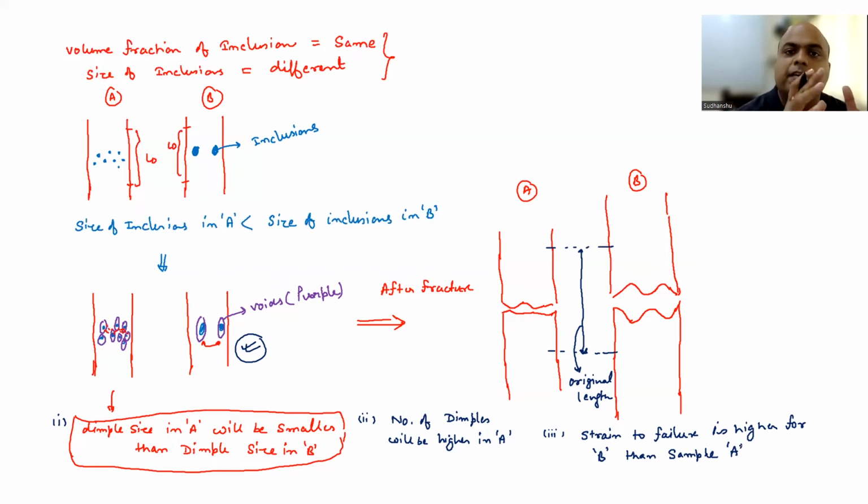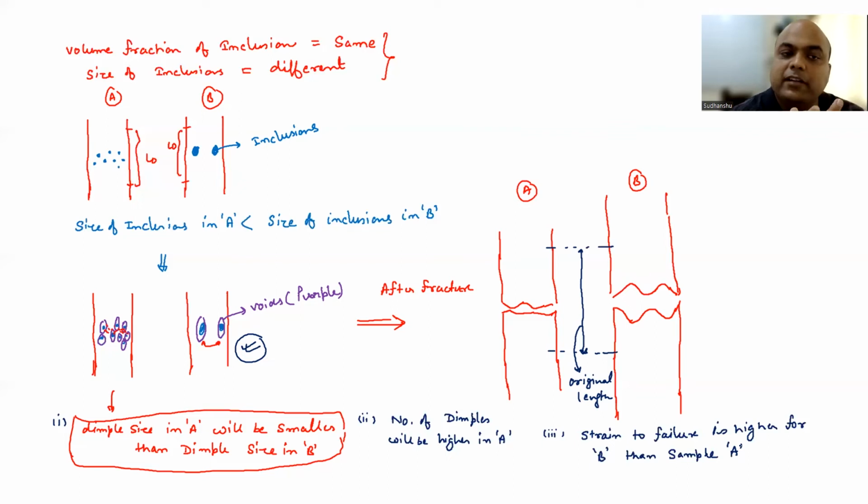Okay. So now we have understood the effect of inclusion size as well as volume fraction. If you keep the size constant and increase the volume fraction, the distance between the voids is going to be smaller. That means strain to failure is going to be also smaller.